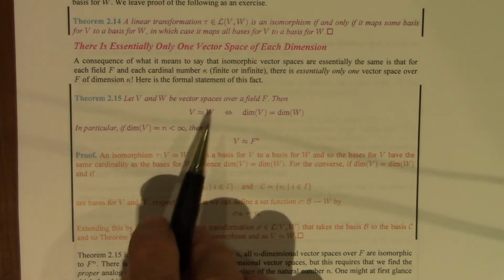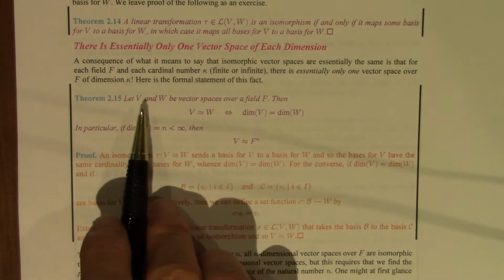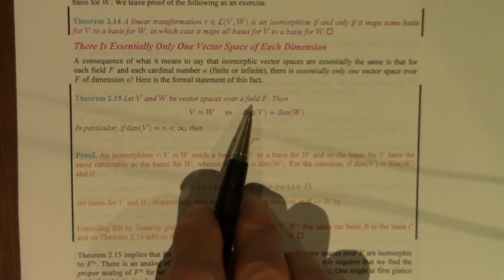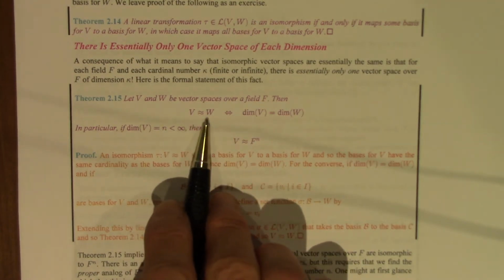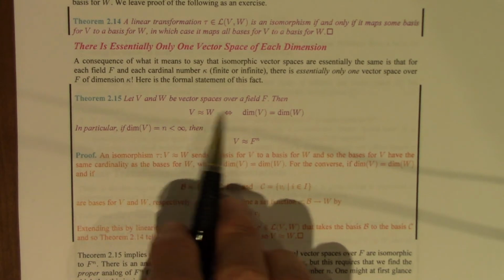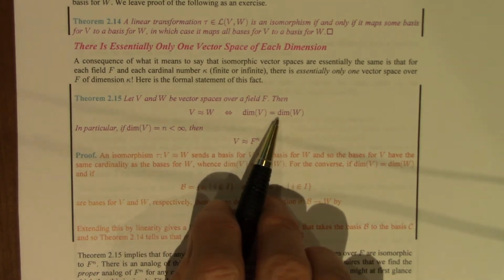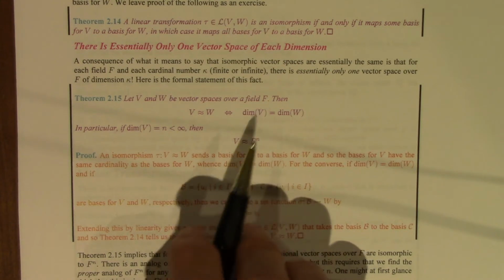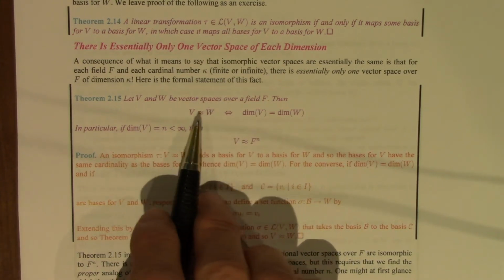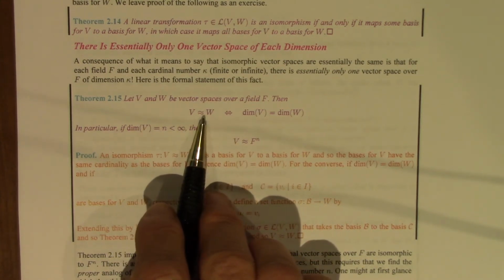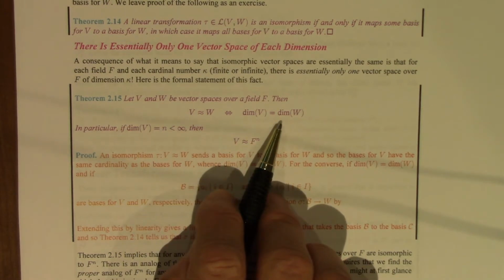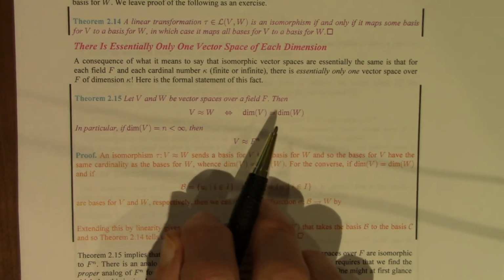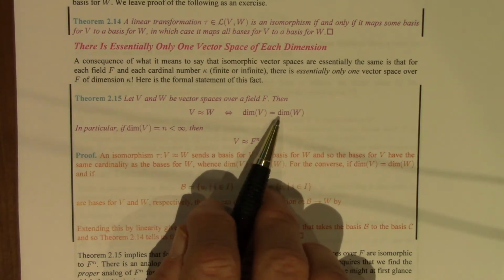Here is the formal statement. Let V and W be vector spaces over a field F. Then V and W are isomorphic if and only if they have the same dimension. Or in looser terms, V and W are essentially the same vector space if and only if they have the same dimension, which is why there is essentially only one vector space of each dimension.